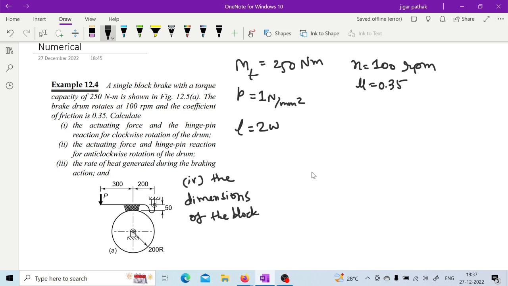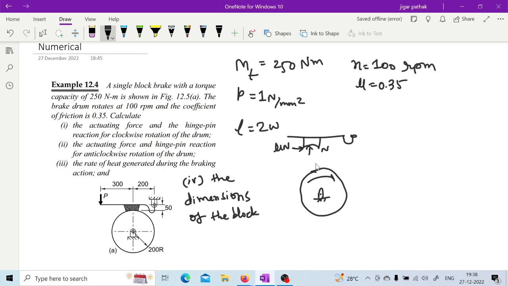So I guess first you need to draw this free body diagram, right, for both the cases, clockwise and anti-clockwise. Right, if we go for this, then here you are having this, this will be your frictional force, and this is normal force.